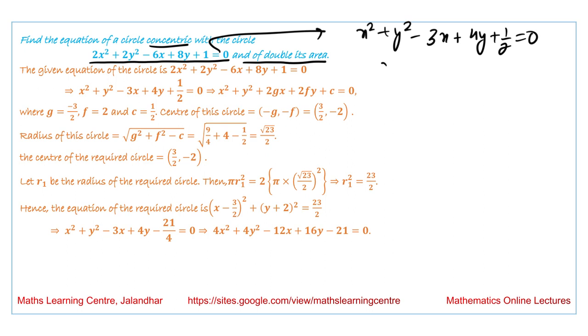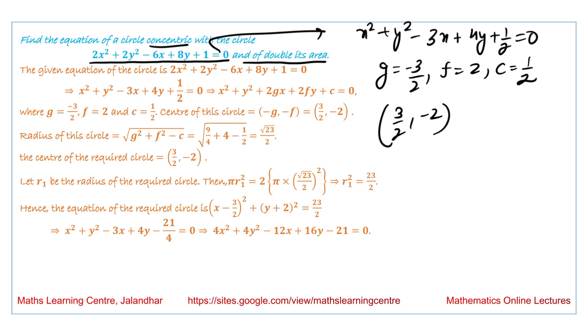By comparing the coefficients, we obtain g is minus 3 by 2, f is 2 and c is equal to 1 by 2. So the center of this circle is 3 by 2 comma minus 2, and the radius is given by square root of 9 by 4 plus 4 minus 1 by 2, that is equal to root 23 by 2.